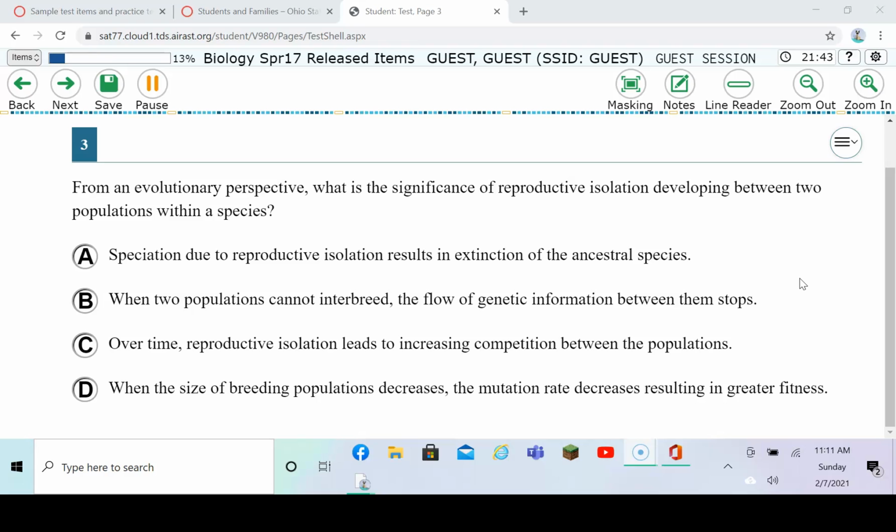This is incorrect. Whether a mutation is favorable or unfavorable determines whether it results in greater fitness, not the mutation rate. B is the correct answer. When 2 populations cannot interbreed, the flow of genetic information between them stops. Therefore, they result in 2 different species. So B is the correct answer.